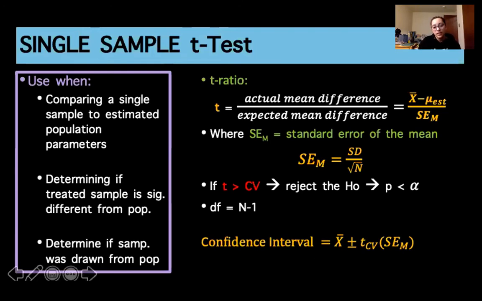So this should look very similar to a lot of the other confidence interval equations that we've looked at so far. And this would be the confidence interval for what we are estimating the true mean to be based on this comparison up here.